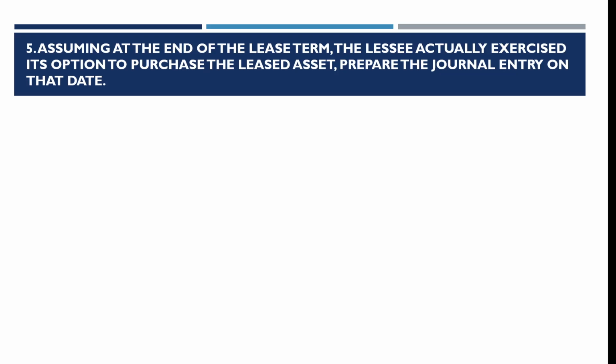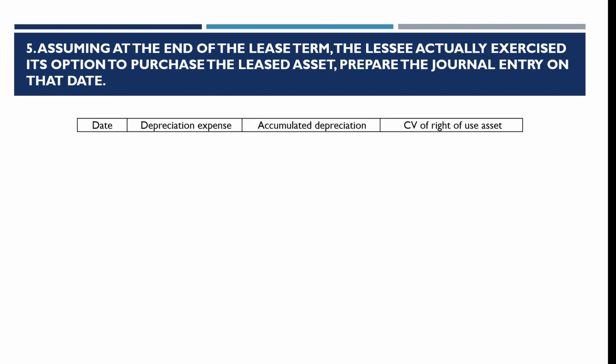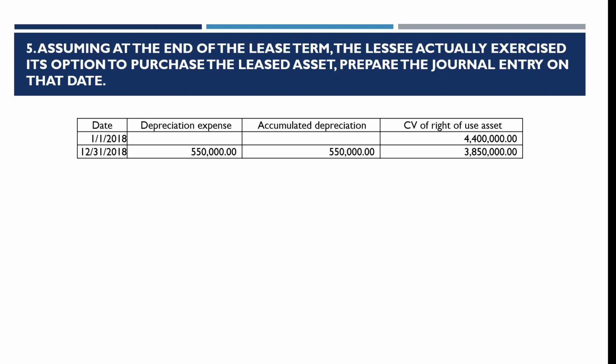Assuming at the end of the lease term, the lessee actually exercised the option to purchase the lease asset. Prepare the journal entry on that date. Before that journal entry, dapat alam din natin yung carrying value ng lease asset natin sa libro. January 1, the CV of the right of use asset is 4.4 million. December 31, 2018, depreciation 550, accumulated is still equal.